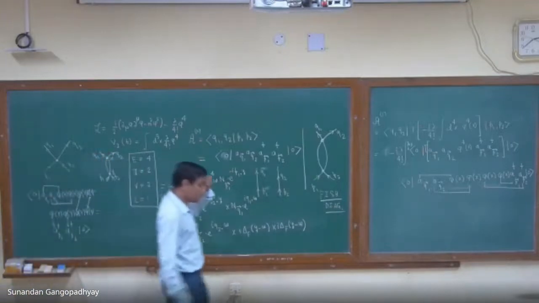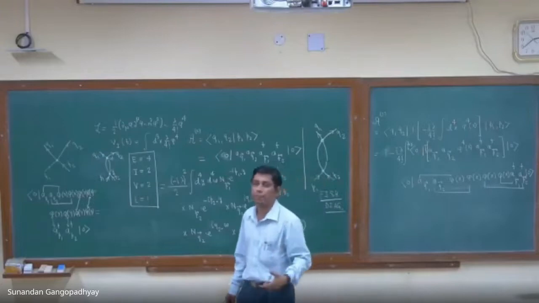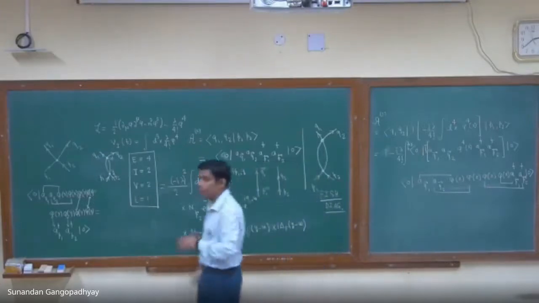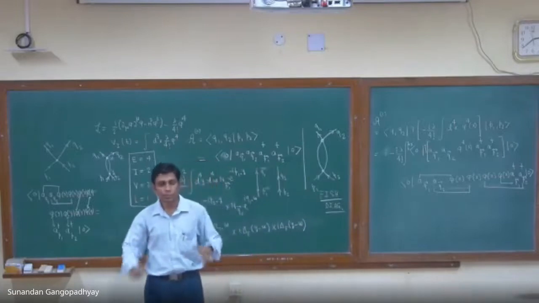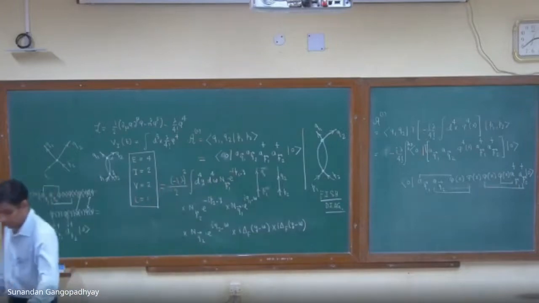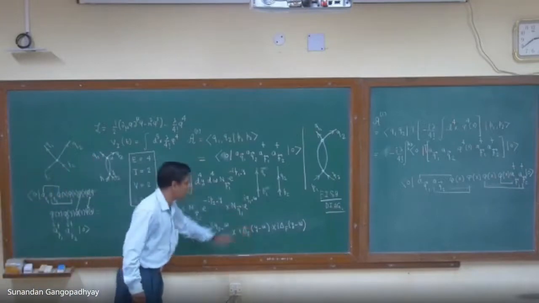This fish diagram is actually the correction term at the second order to the scattering amplitude. Okay, so this is the diagram that you will get if you expand the S matrix to second order. So this is the full expression corresponding to this thing.